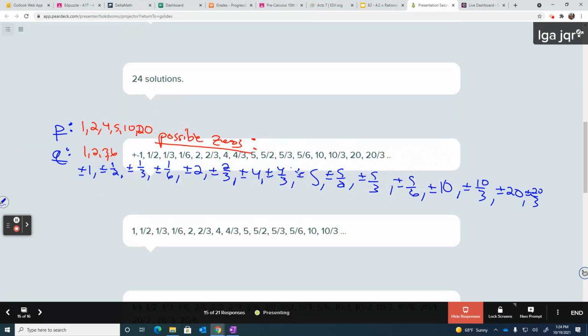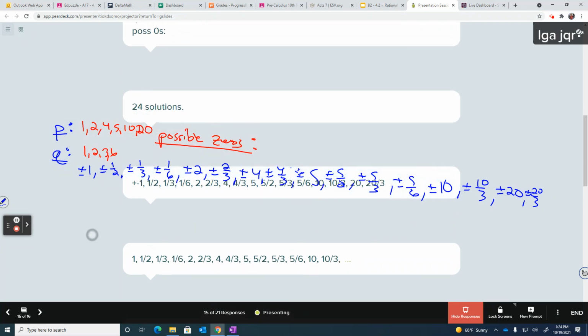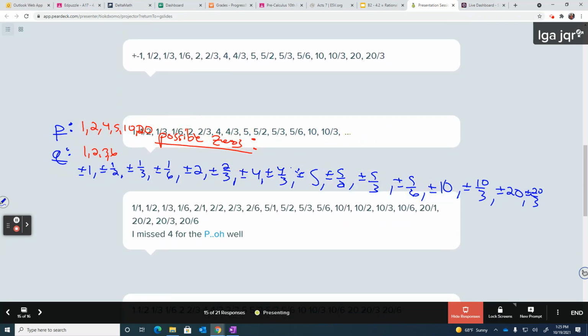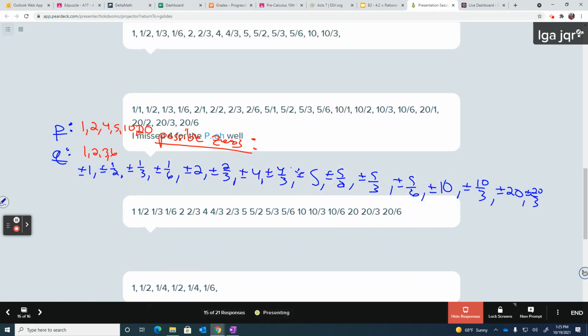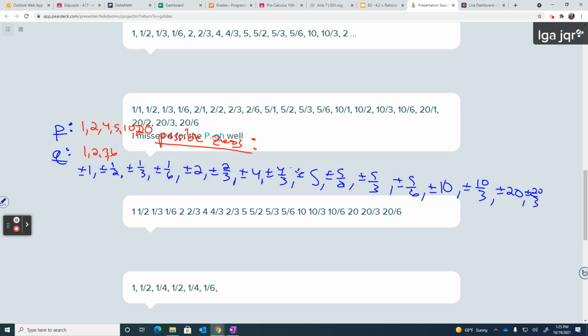24, if you don't eliminate them, probably. What do you get? So don't forget, 20 over 6 is the same thing as 10 thirds, and 10 over 6 is the same thing as 5 thirds.